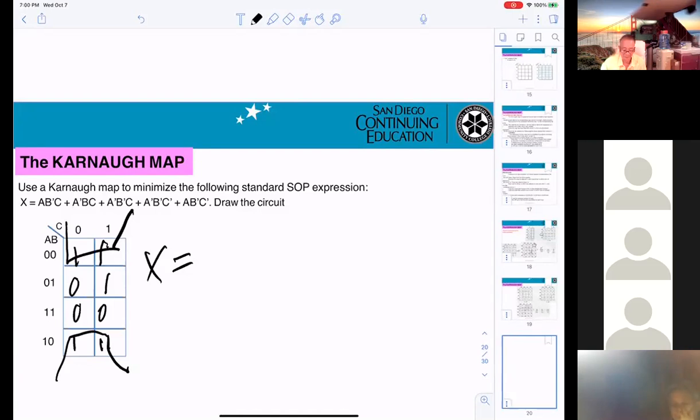A not B not C not plus A, B not C. Not B, or B not. Yeah, perfect. Now, you see in the loop, you get C both 0, 1.